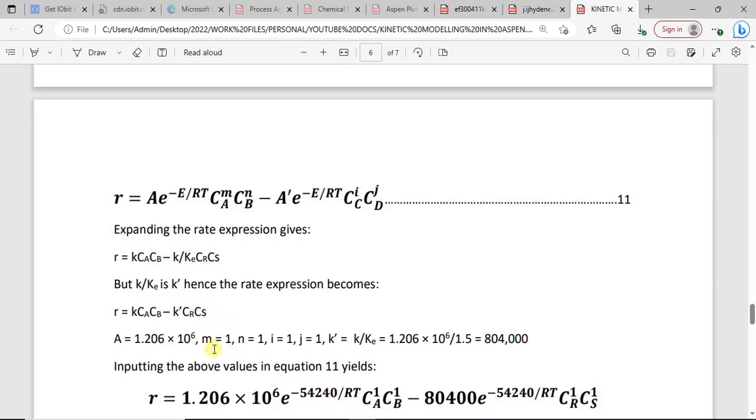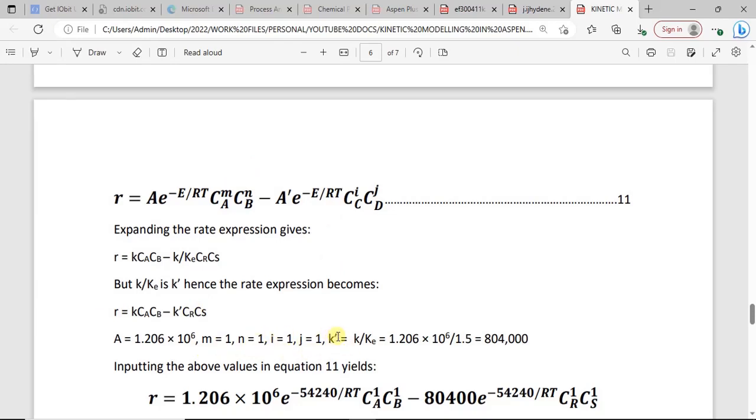So M is 1, N is 1, I is 1, and J is also 1. We are comparing this with this right here.